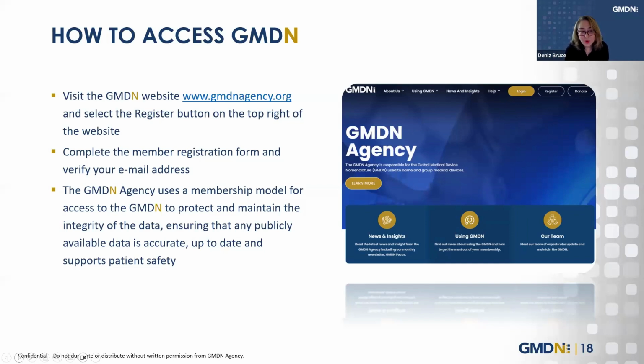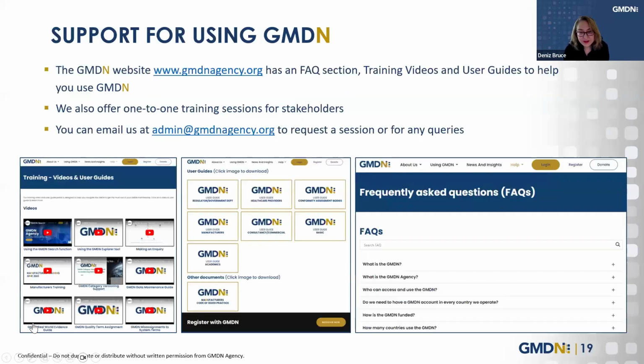Please complete the registration form and verify your email, and then you can start using GMDN. There are lots of publicly available resources. Even if you're not a member, you can log into our website and use these training resources, user guide, and also a lot of resources such as frequently asked questions.